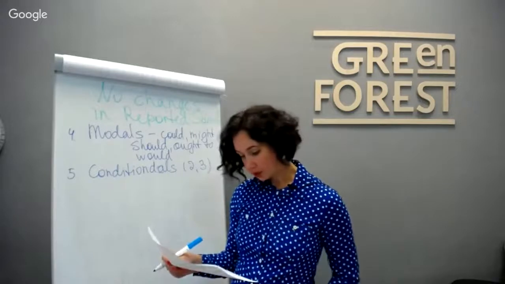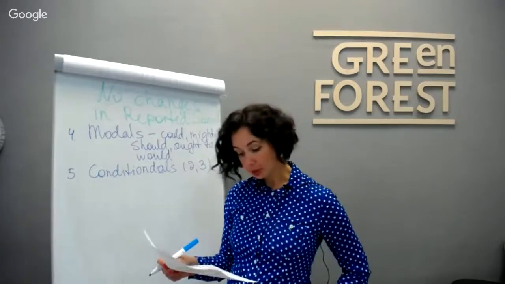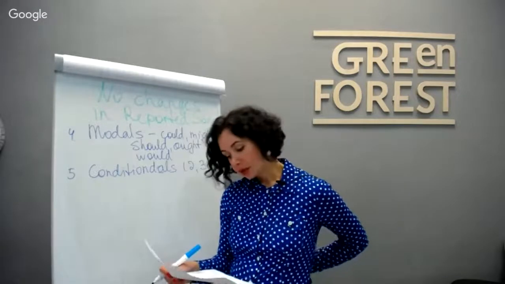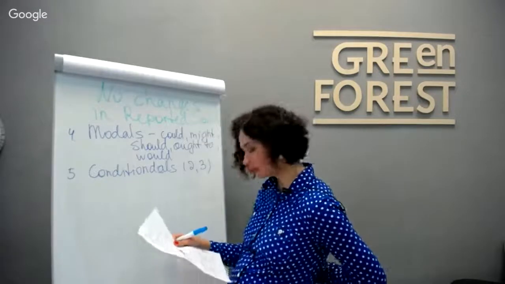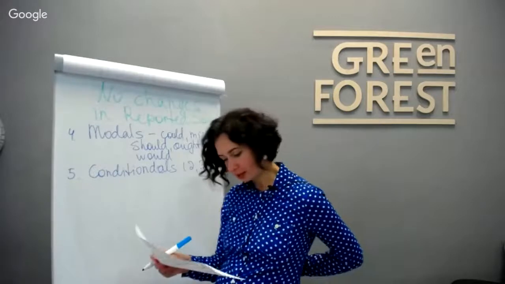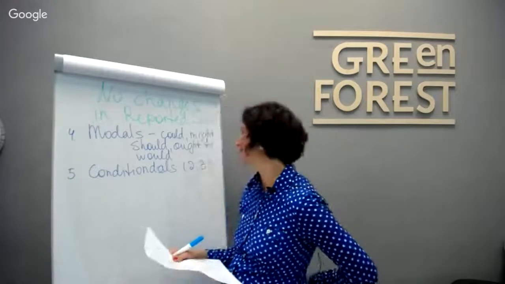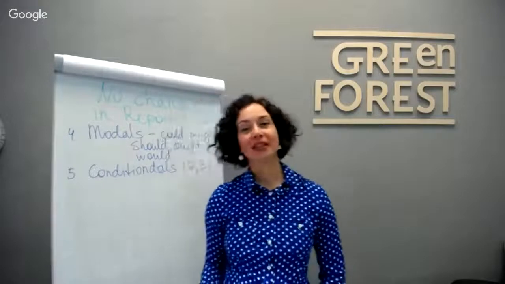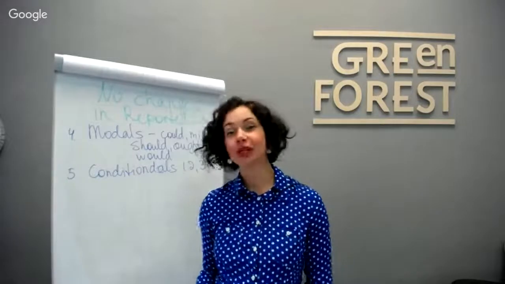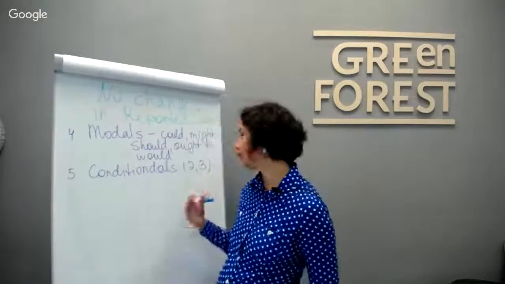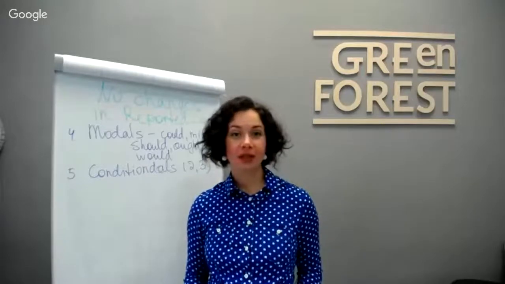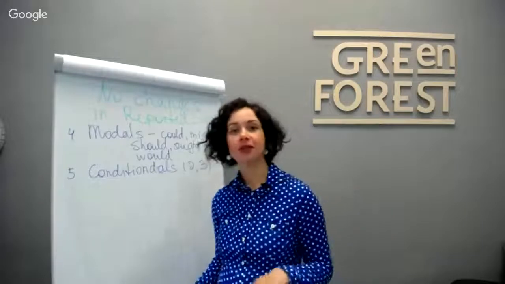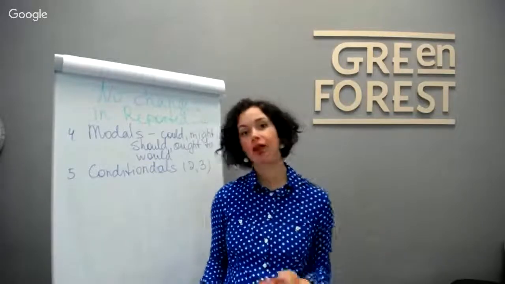I can read you the example and you will say it. Actually, I don't like this example. I will read you another one, better one, let's say. Okay. If I had time, I would do more activities. So when we report this conditional, we don't change anything. She said if she had more time, she would do more activities.